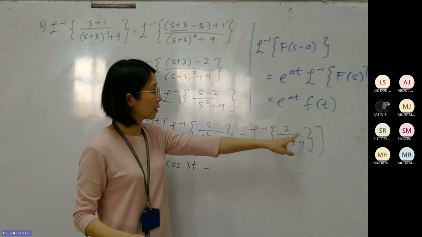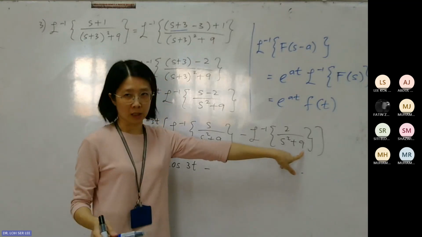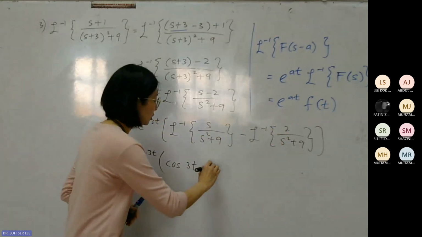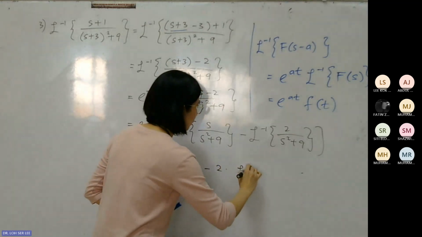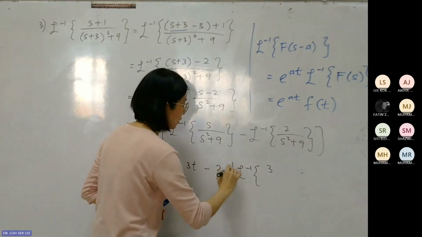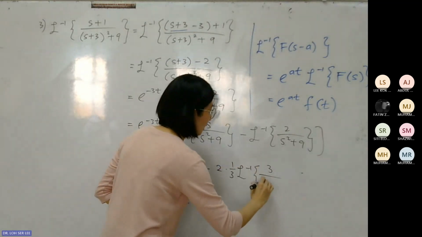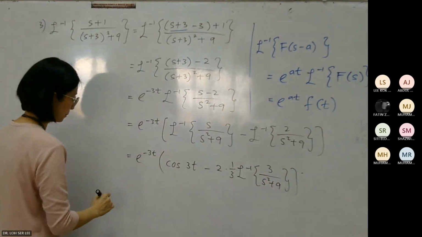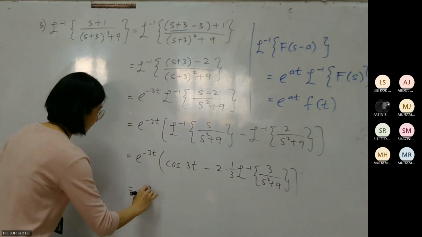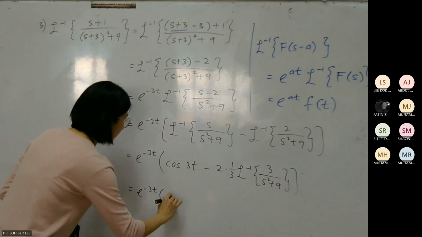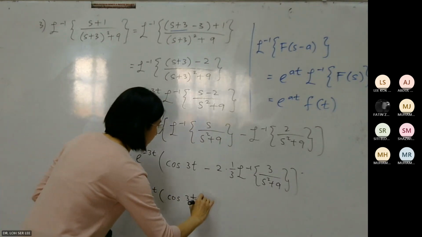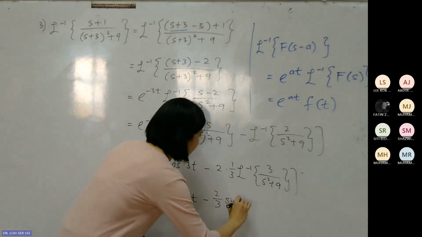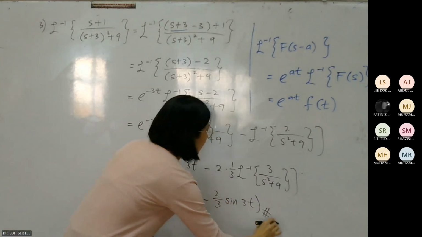We need an a, a is 3. We need a 3 here. We don't want 2. Take out 2, insert the 3. Once you insert the 3, divide the 3 outside. So you get 2 over 3 sine 3t.